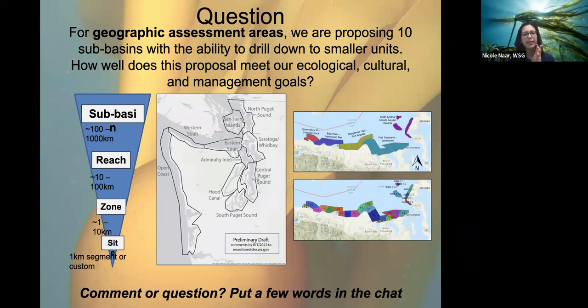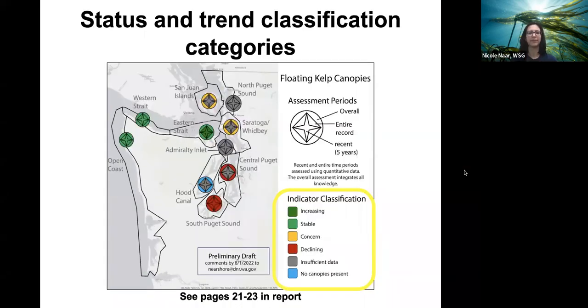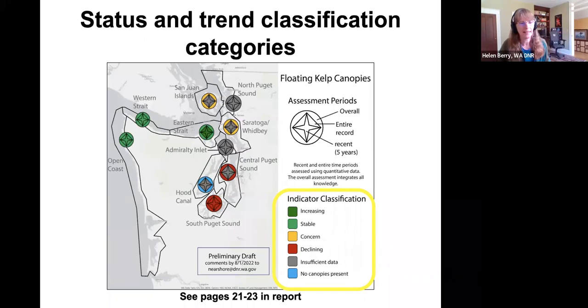Okay, so now let's talk about these color-coded categories. Why did you all pick these categories, and what does each category and color mean? I think we want to go to the next slide. Yeah, I'll take that. This is Helen.